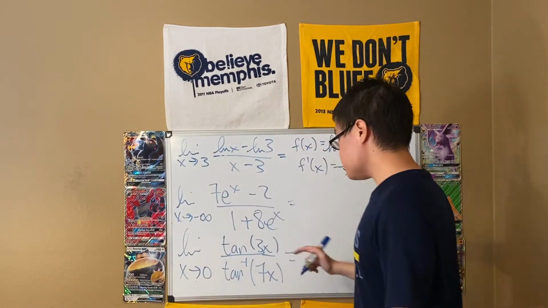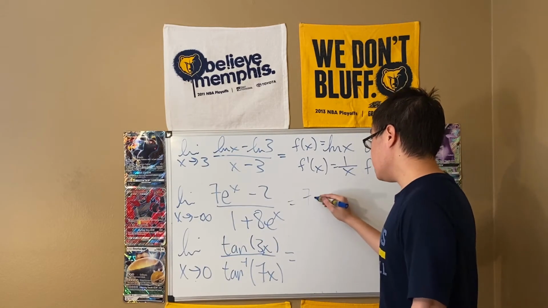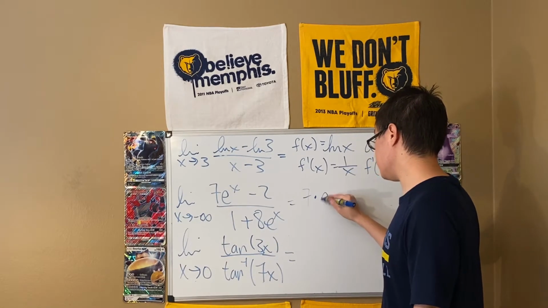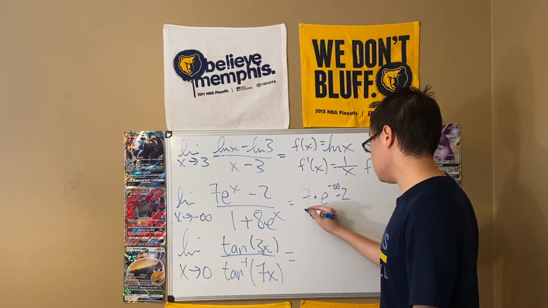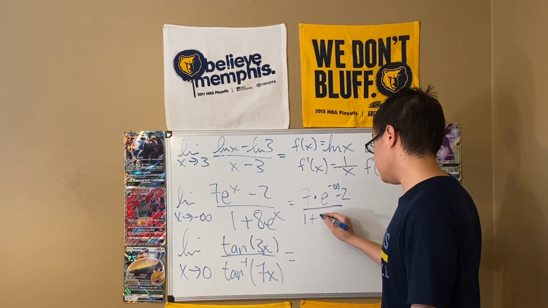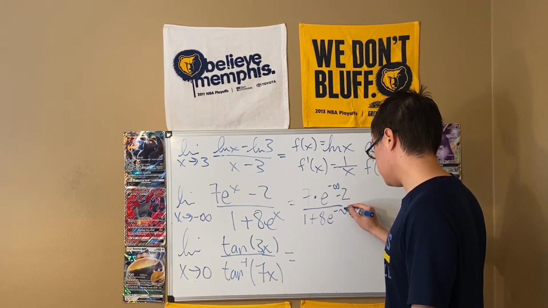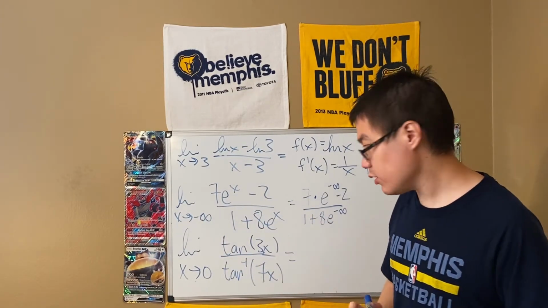So when I do that, I plug in negative infinity for x, so it's 7 times e to the negative infinity minus 2 over 1 plus 8e to the negative infinity. So this looks a little bit nasty, so I'm going to try to simplify it. Keep going.